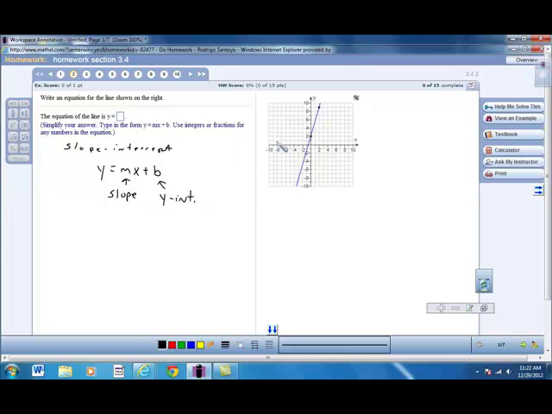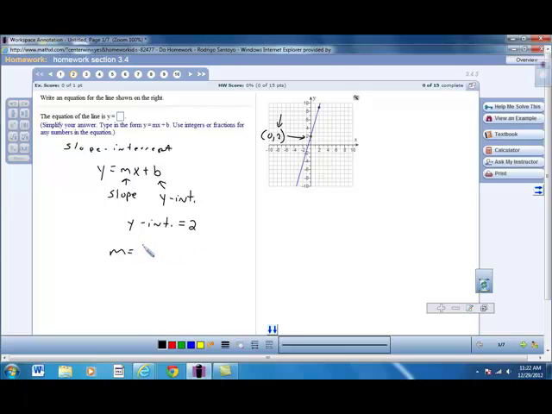If you look here, we see that this graph crosses the y-axis at (0, 2). So that is our y-intercept. We know the y-intercept is 2. Now all we need to do is find the slope.